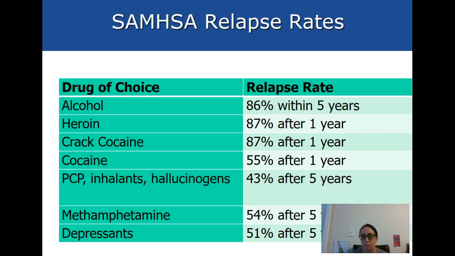Relapse with addiction is oftentimes expected, and whether you like it or not, oftentimes it is presented that way to clients. You will more than likely relapse, and this is why we're going to talk about prevention and addressing problematic behaviors. But as you can see here, these relapse rates, according to SAMHSA, are pretty high.